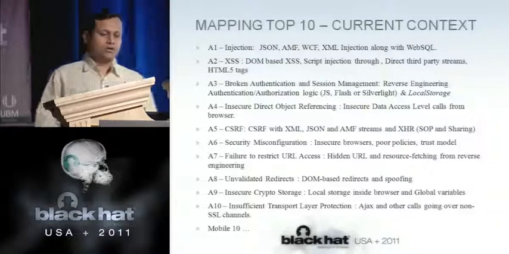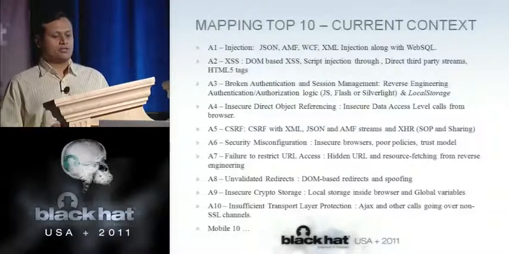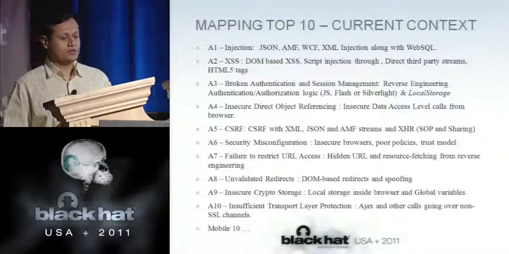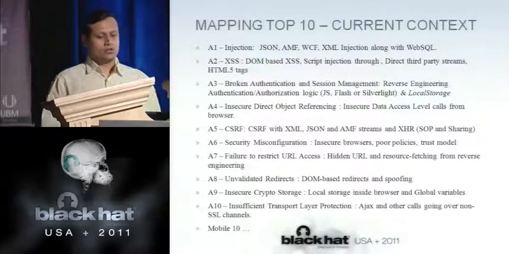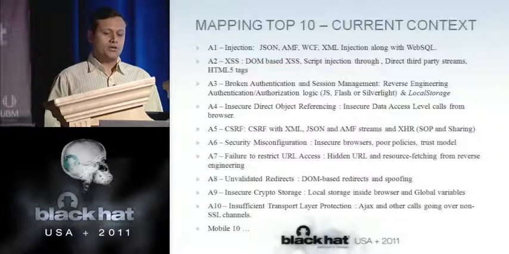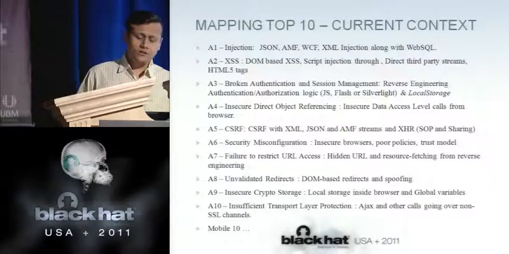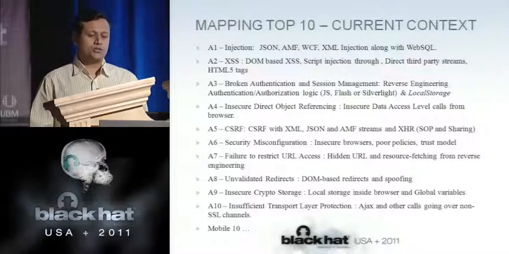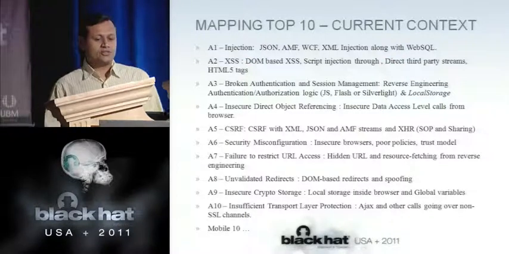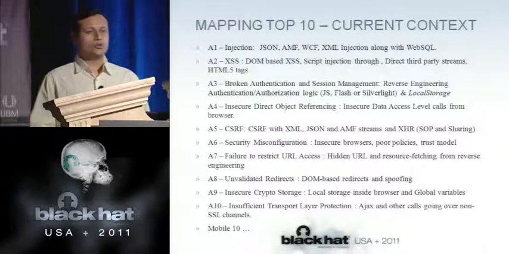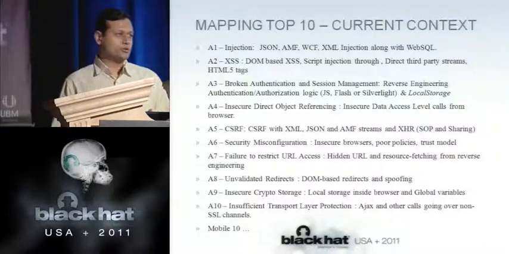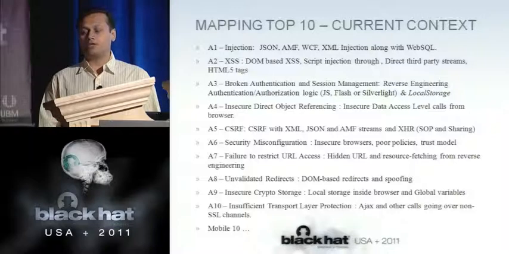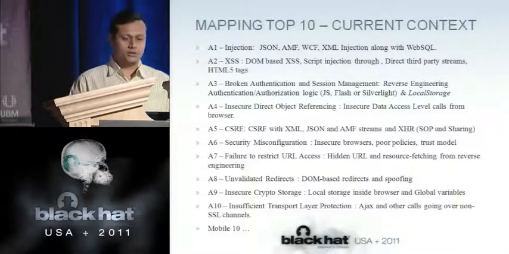A2, that's cross-site scripting: DOM-based script injections, direct third-party streams, HTML tags. There are a bunch of new HTML5 tags out there which can cause cross-site scripting. Broken authentication is interesting, where partial logic would be residing on your browser. So pretty much one can bypass that, be it local storage or be it JS, Flash, or Silverlight. There are persistent cookies kicking in with HTML5 and local storage.